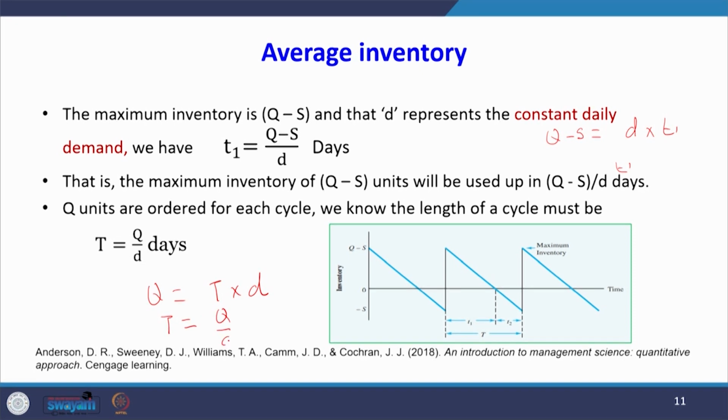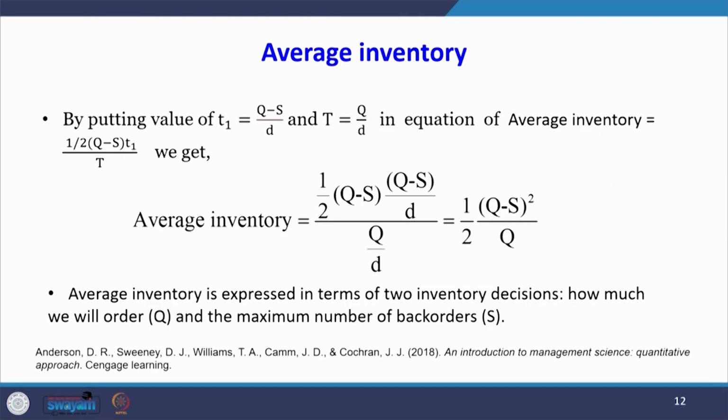It is Q upon small d. So, we got expressions for small t1 and capital T. These expressions we are going to substitute in our average inventory formula, by putting T1 equal to (Q minus S) upon D and cycle time T equal to Q upon D in the equation of average inventory.